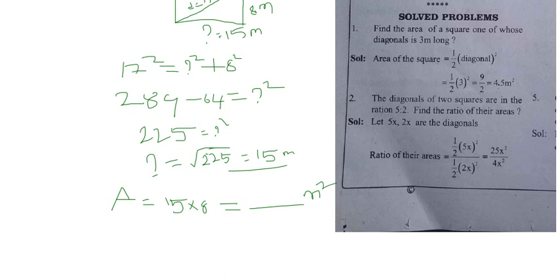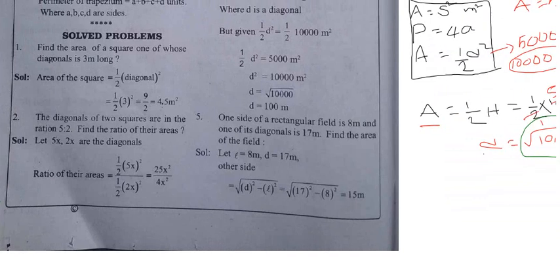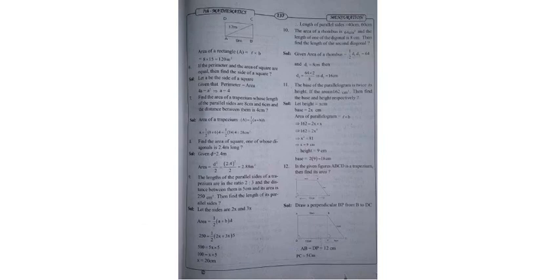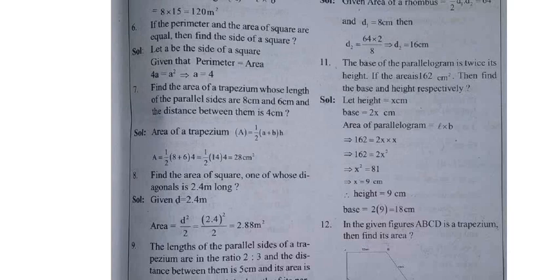The next question is question number 6. If the perimeter and area of a square are equal, then find the side of the square. This is an important problem.